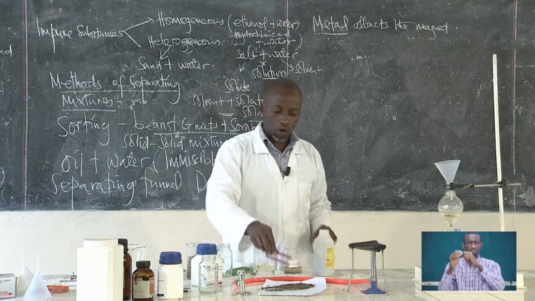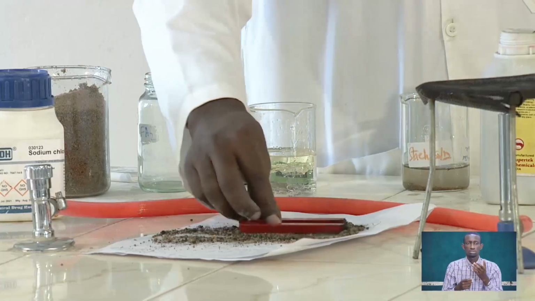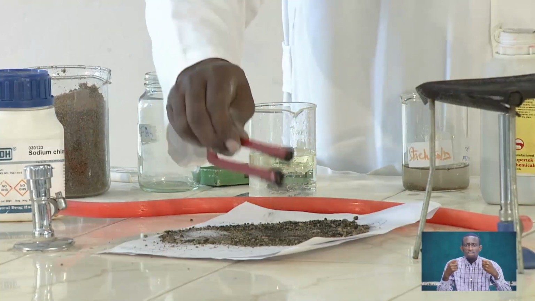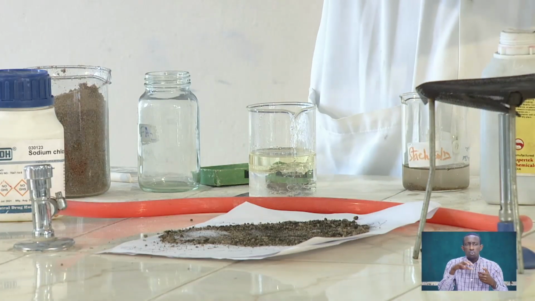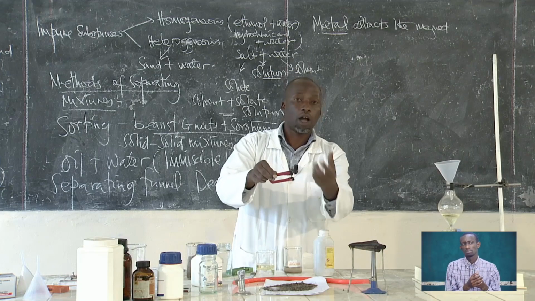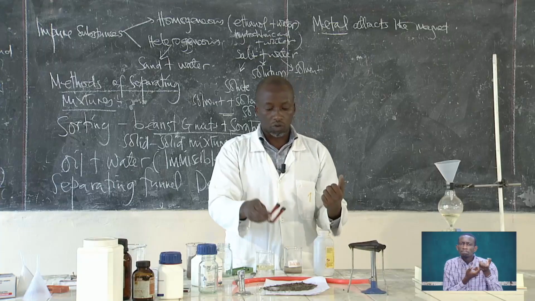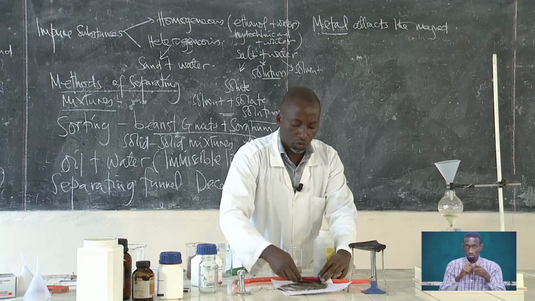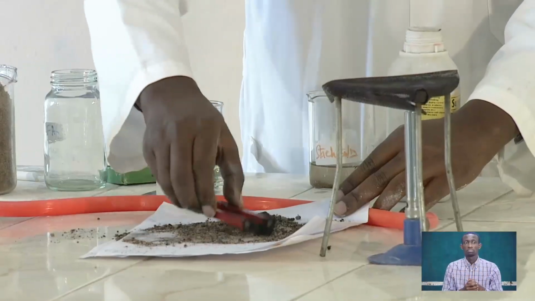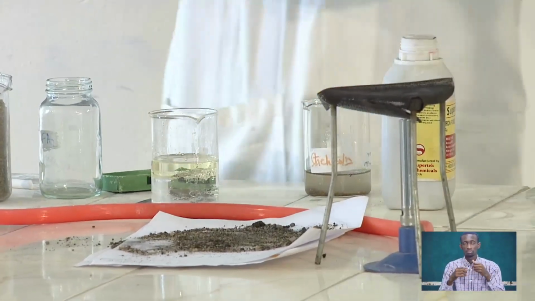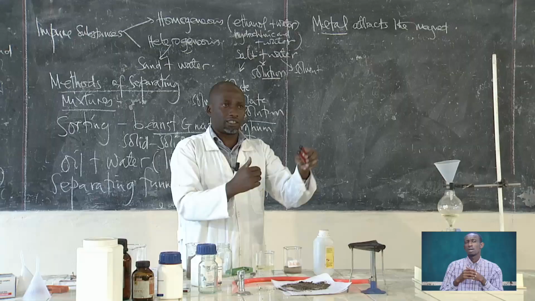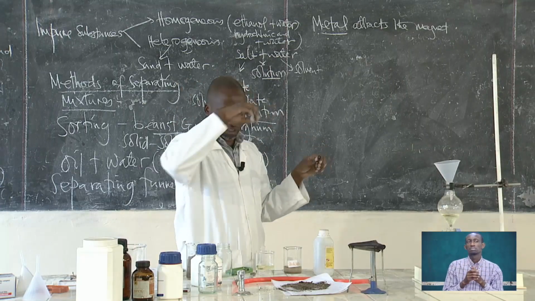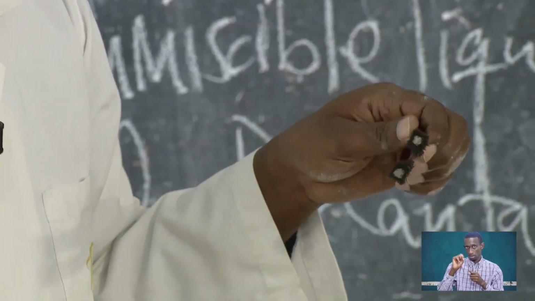And therefore, what we are going to do is to make sure we pass the magnet over the surface of the sand, so the iron powder gets out of the sand. If you keep doing that, it continues and you get a lot of it. So you can easily separate it from there. So this is iron powder. It is separated from the sand.